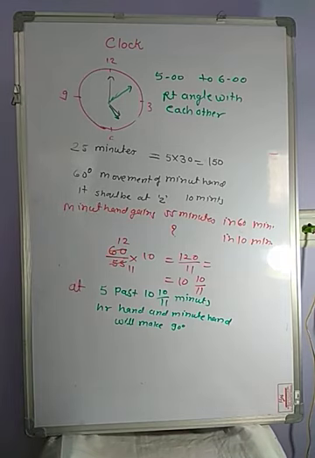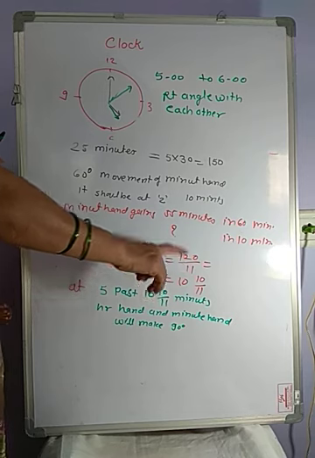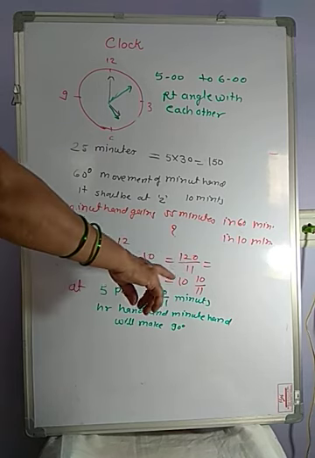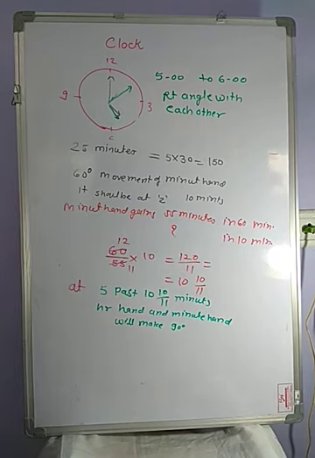Completing 1 minute, it will be 6 degrees, and we have to trace only 5 degrees. But as the minute hand moves 5 degrees by 5 degrees, our hand will move somewhat further, and therefore the answer comes not 5 by 6, it comes out to be 10 by 11.